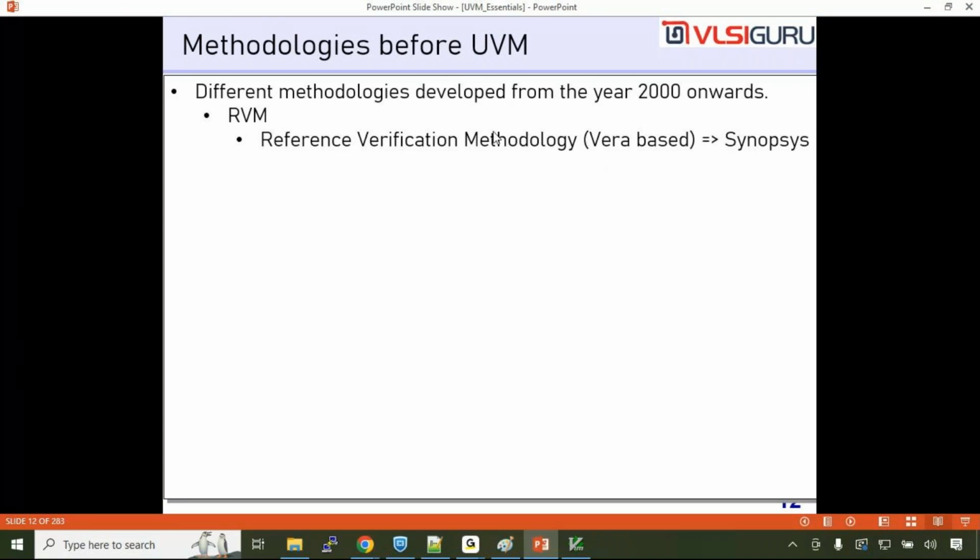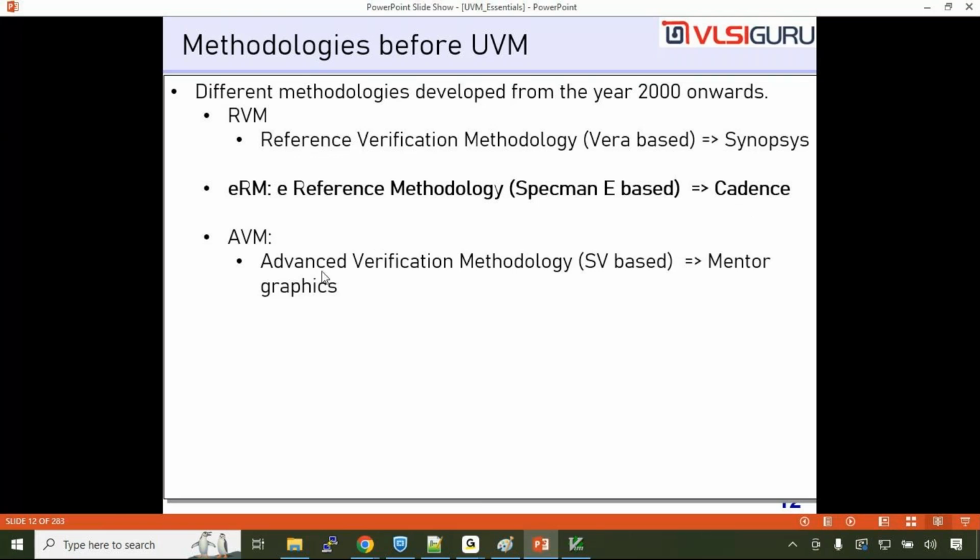So RVM was based on Vera and was developed by Synopsys. There was one more methodology called ERM, the E Reference Methodology, which was based on the Specman E language. Specman E is a language, like C is a language. It was developed by Cadence.